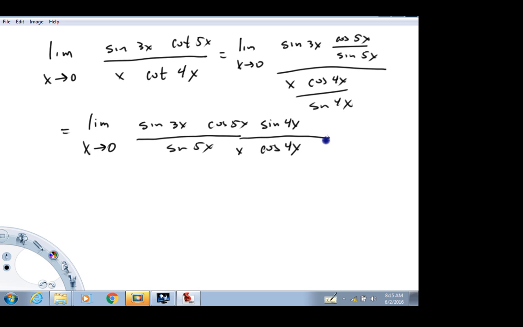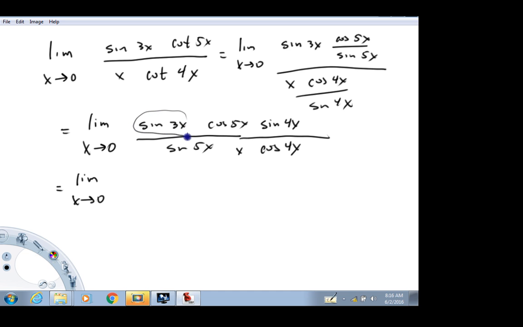All right, so now, boy, a lot of stuff going on here. Equals limit as x goes to 0. So now I'm just going to start grouping things.